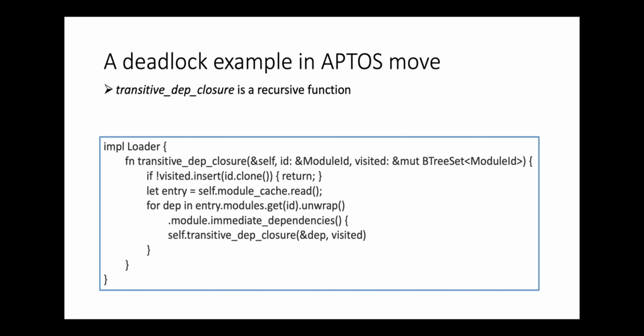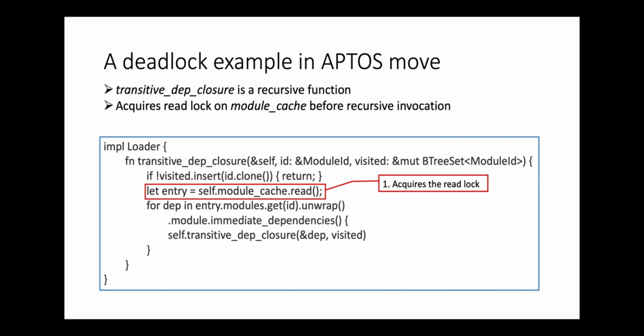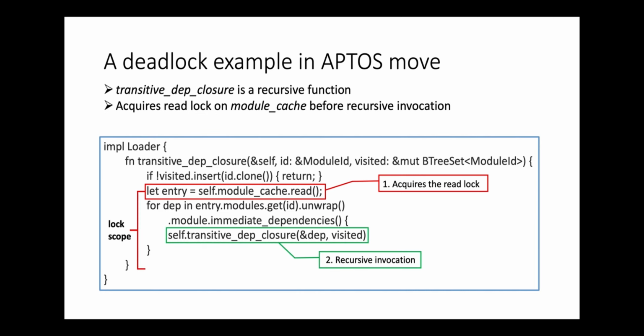In this process, Aptos Move tries to acquire the read lock on the module cache before a recursive invocation on top of it. So the first step is to acquire the read lock, and it locks the whole space.